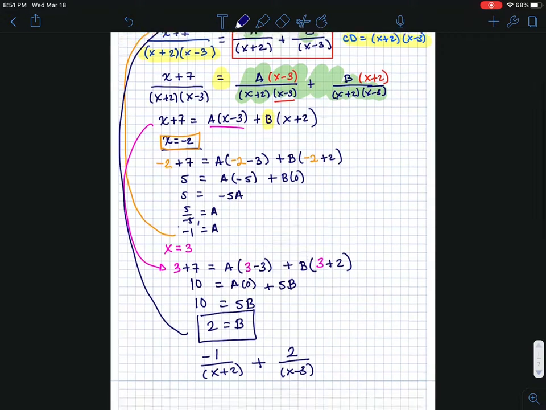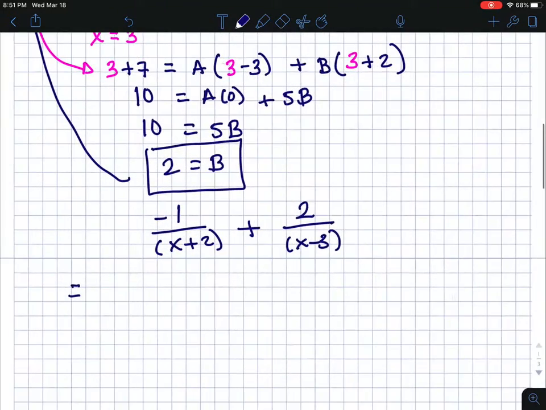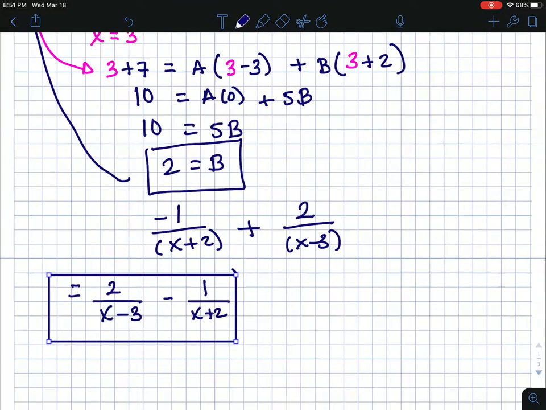Okay. We could rewrite this. We're left with 2 over x minus 3 minus 1 all over x plus 2. Okay, and that is our partial fraction. And that is something that we would be able to integrate.